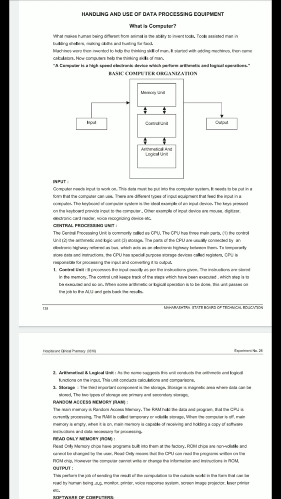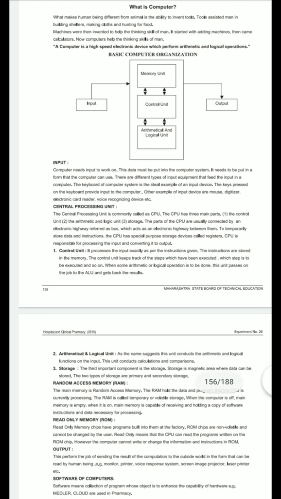To temporarily store data and instructions, the CPU has special purpose storage devices called registers. The CPU is responsible for processing the input and converting it to output. First is the control unit. It processes the input exactly as per the instructions given.